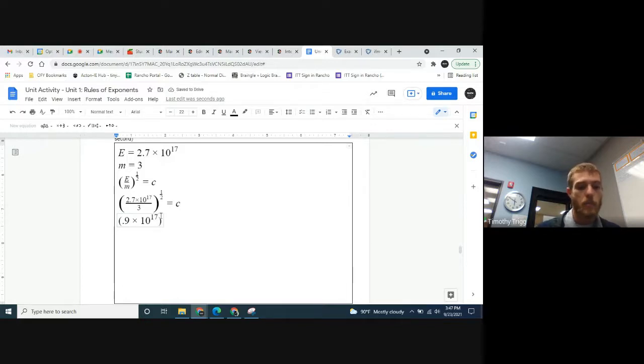And then this needs to be the power of 1/2. Instead of 1/2, I'm going to put 0.5. But know that that's the same as 1/2. Equals C. Okay. So now notice we have 0.9 to the power of 1/2, or a power of 0.5.